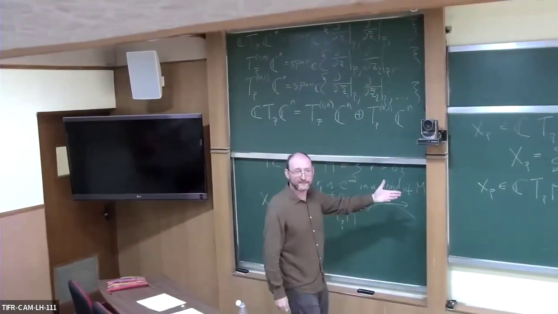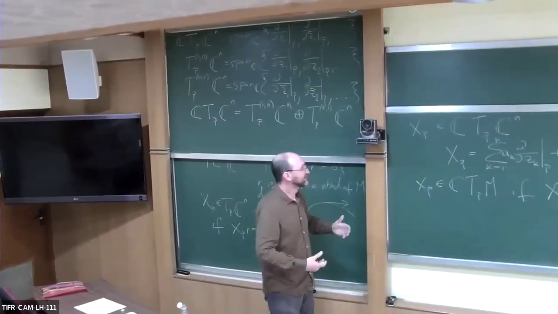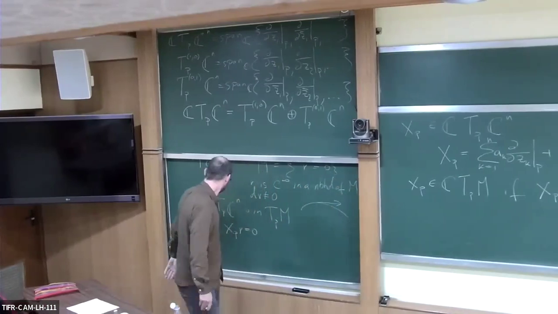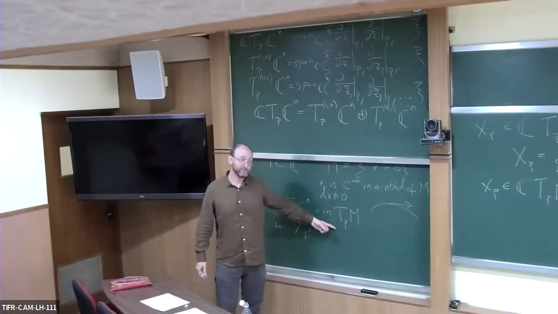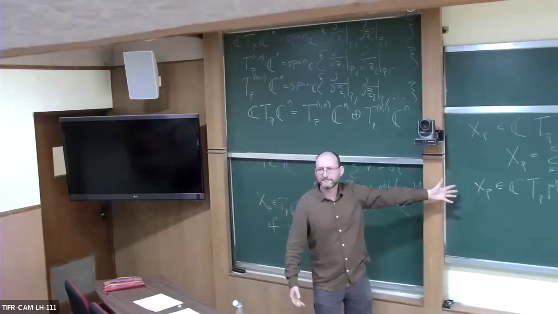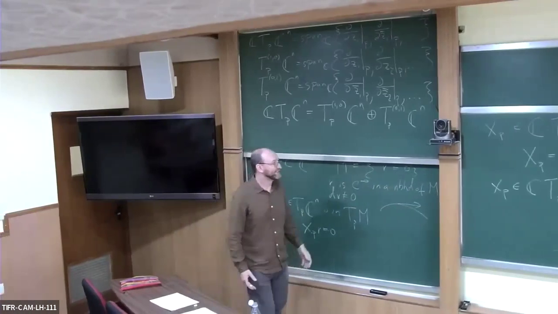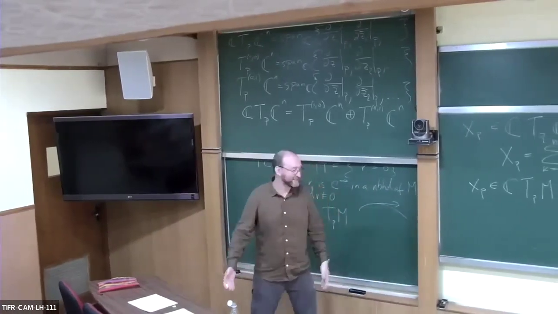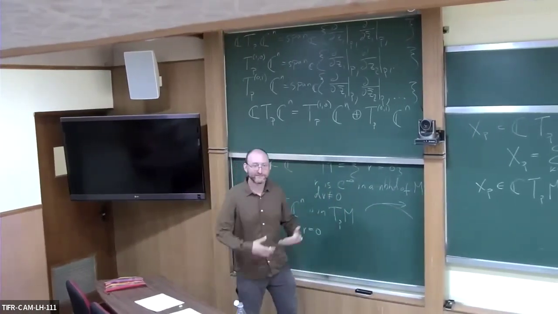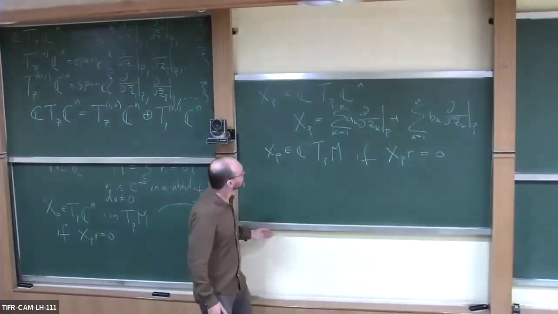It's the same thing. You can either write it like this, or you could take this space and complexify it. Take some basis and complexify it, and it's the same idea, because you're just taking a span of vectors that do this. So take some basis, take a complex span.